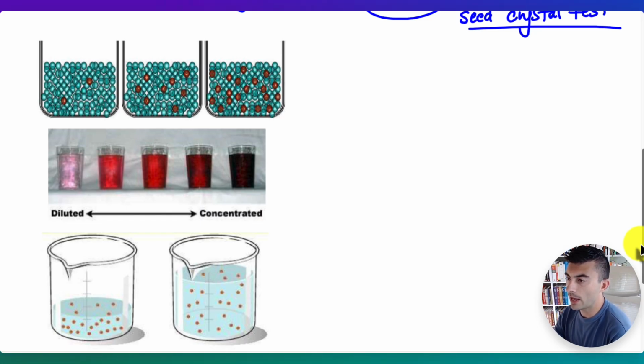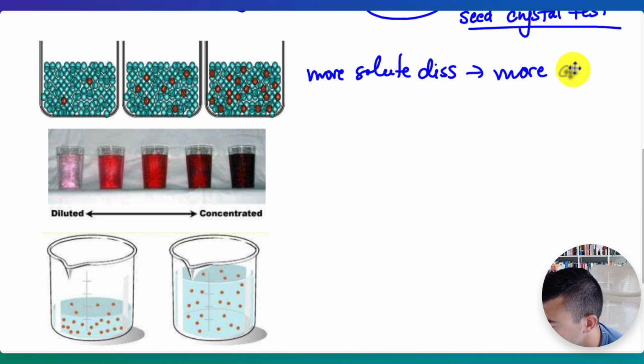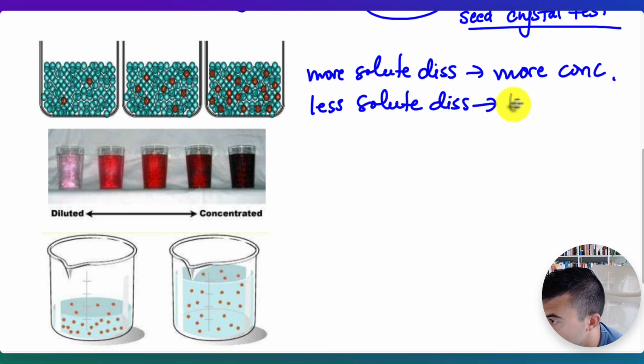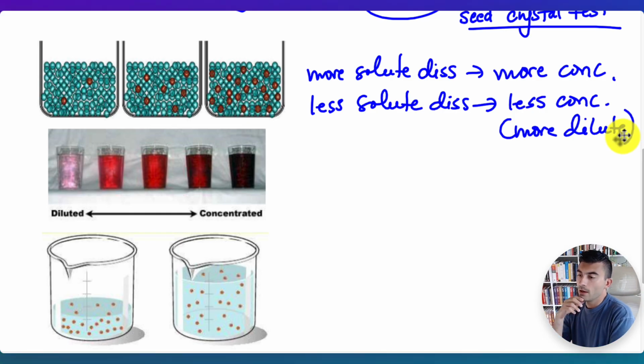And the general idea is that the more solute dissolved, the more concentrated, and the less solute dissolved, the less concentrated, or we say the more dilute. Dilute is the opposite of concentrated, okay?